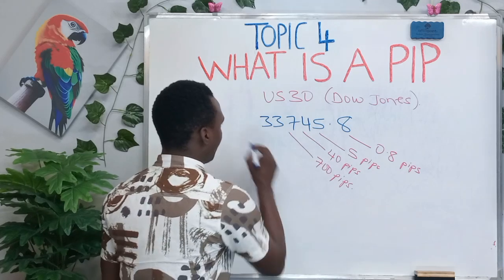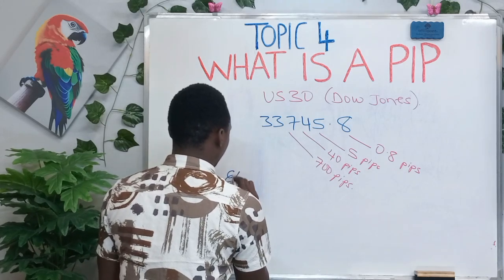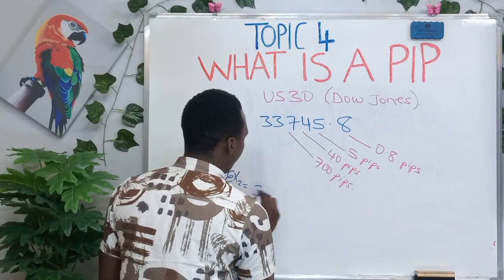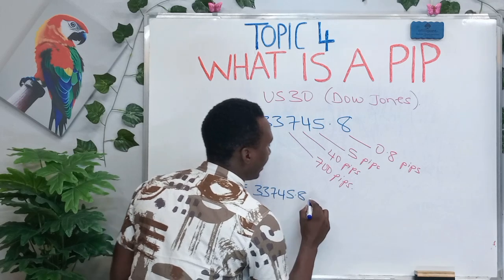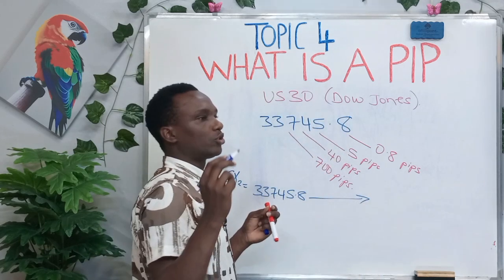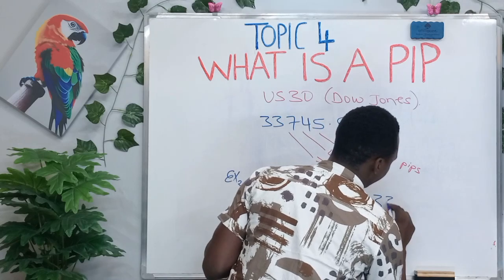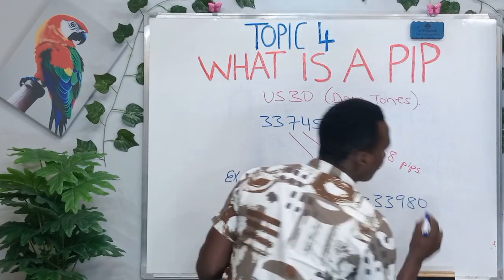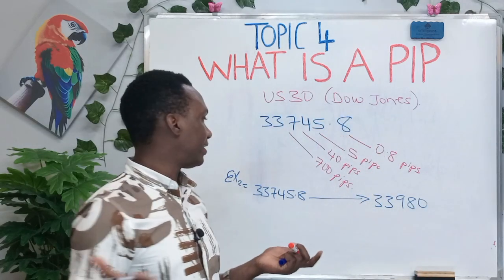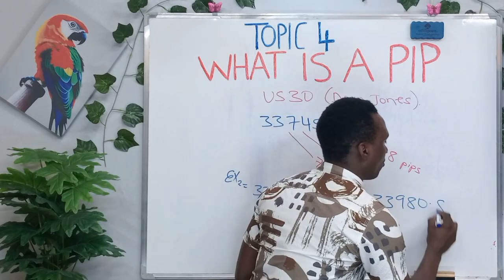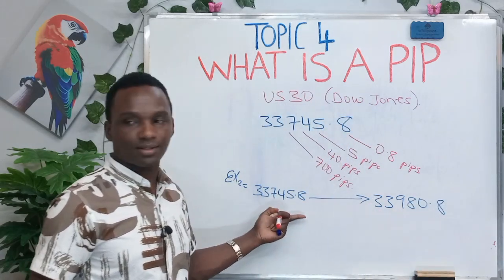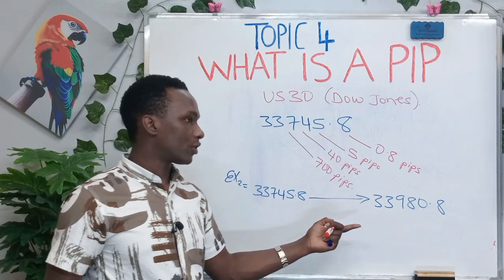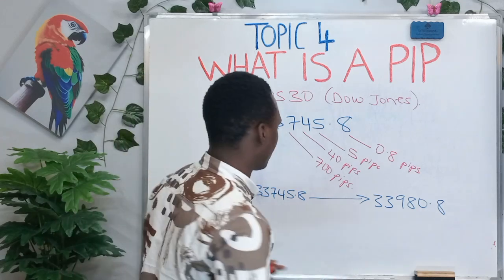Let us take this example that our price has shifted from 33,745.8 to maybe 33,980.8. All right. Can someone quickly tell me the difference between this and this? 235 pips. Yes. Okay.